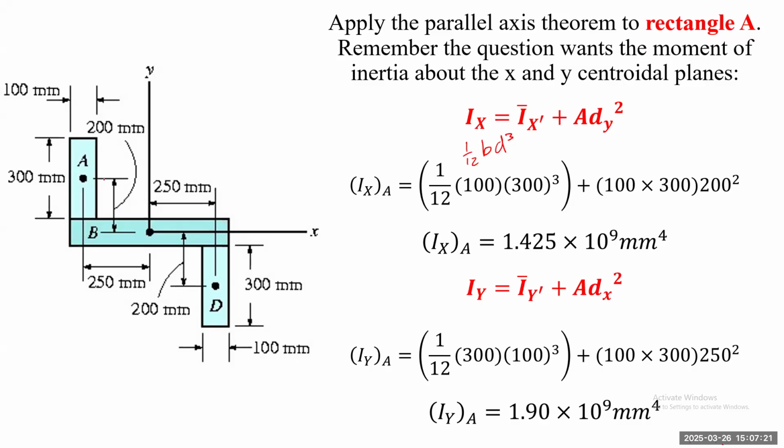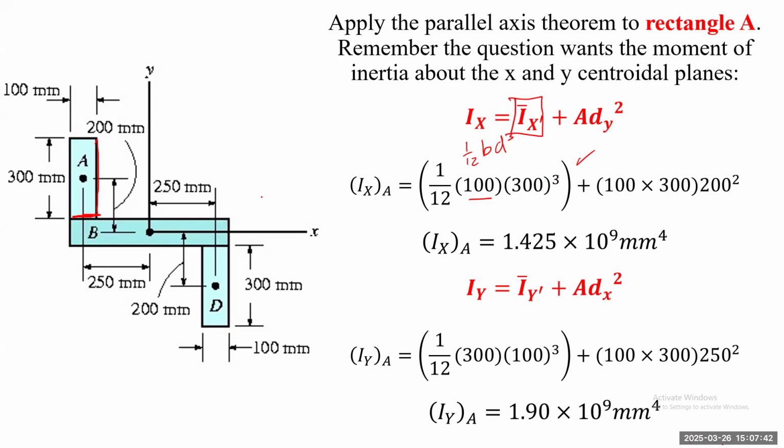The breadth is 100, see it right here, and the depth is 300. See it there. So it's 300 cube. First part finished. That is a standard equation, as I always tell you, the standard part.